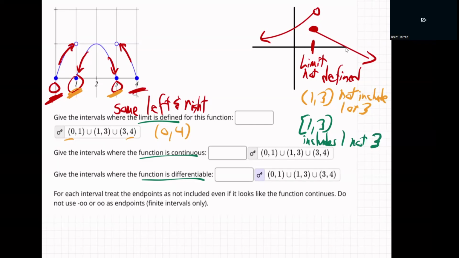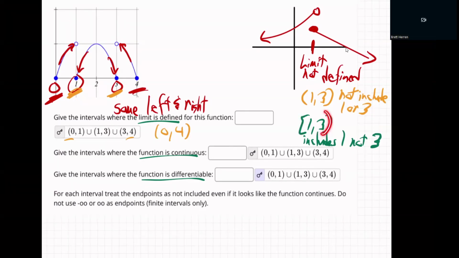Do you remember that brackets include the point and the parentheses don't? Think about it this way. I just think a bracket has a straight edge. You're straight on the 1, smack on 1.0. But the parenthesis is rounded, which means you're around the 3, but you're not straight on the 3. So in other words, you can include 2.999999, but not 3 right on the money, not 3.0.